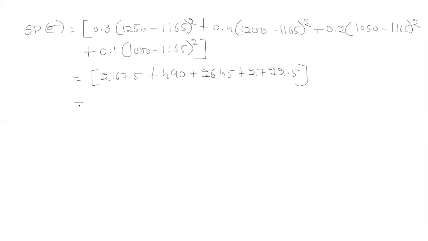So we get 8025. So rooting 8025, we get rupees 89.6. So this is when we are purchasing five shares of Cox and 5 shares of Box.